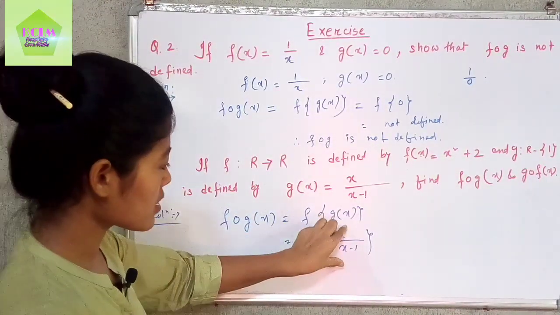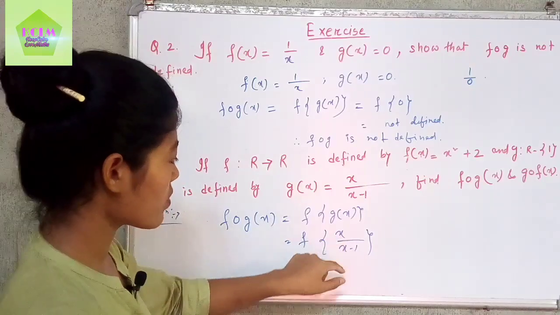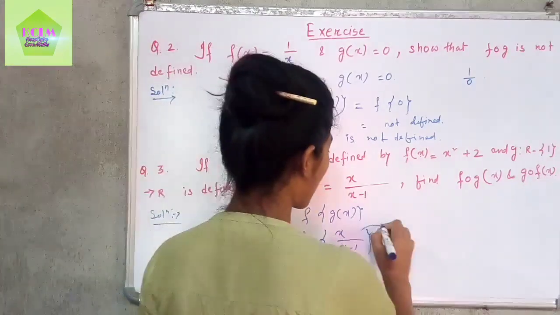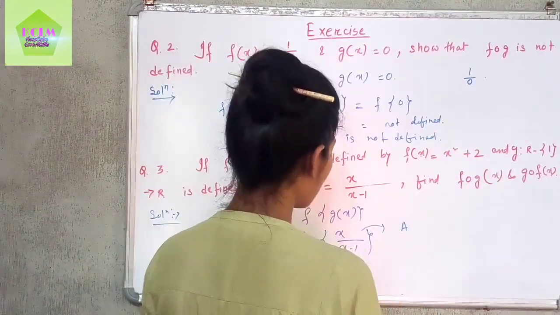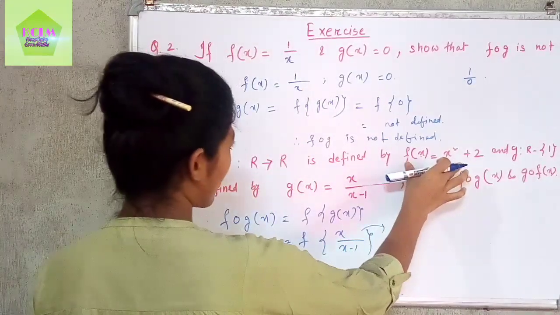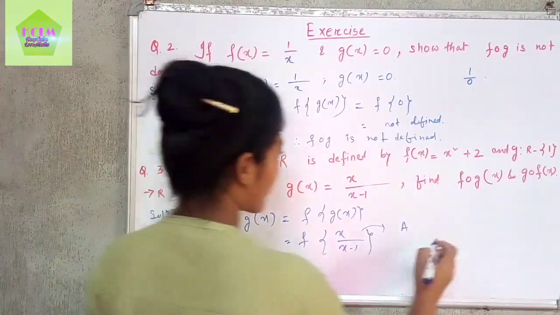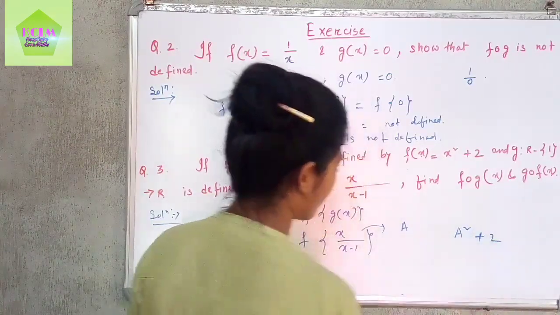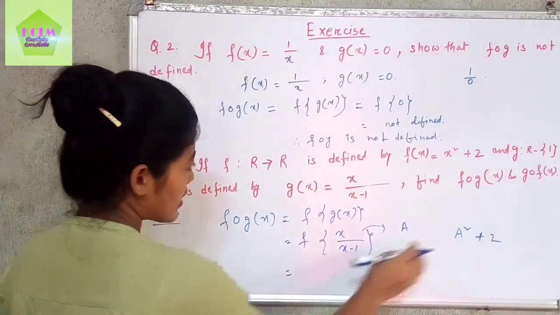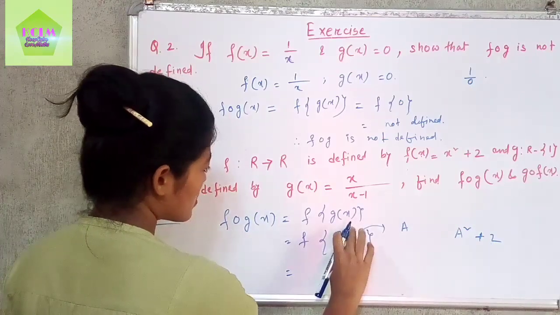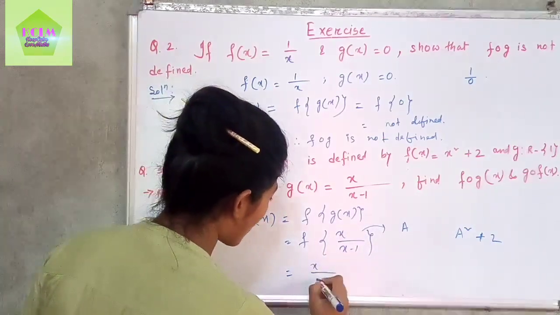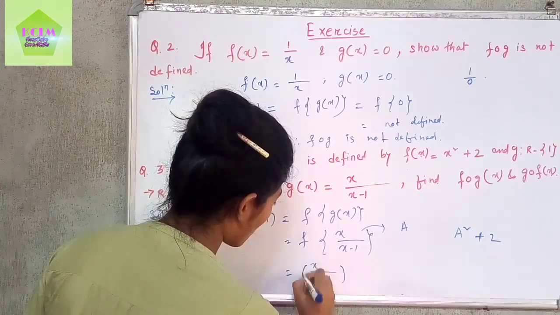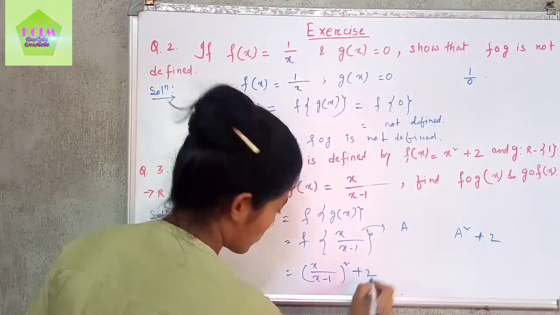If we take this whole x by x minus 1 as capital A, then by definition of f of x, it will be A square plus 2. But A is nothing but this element. Therefore, (x by x minus 1) square plus 2.